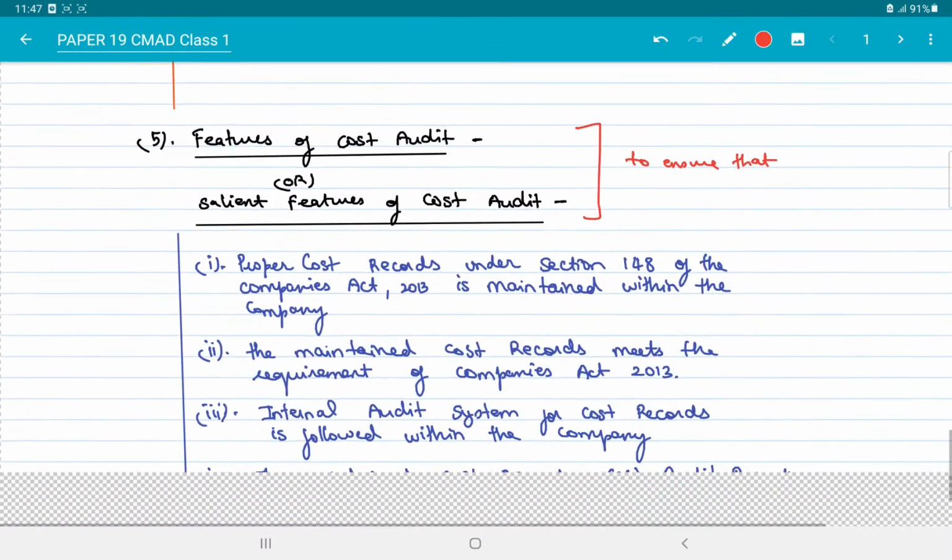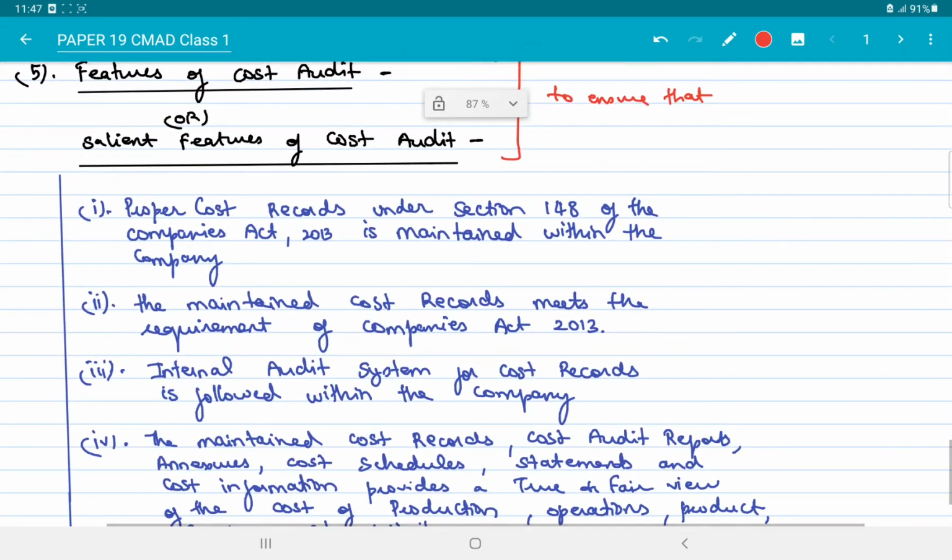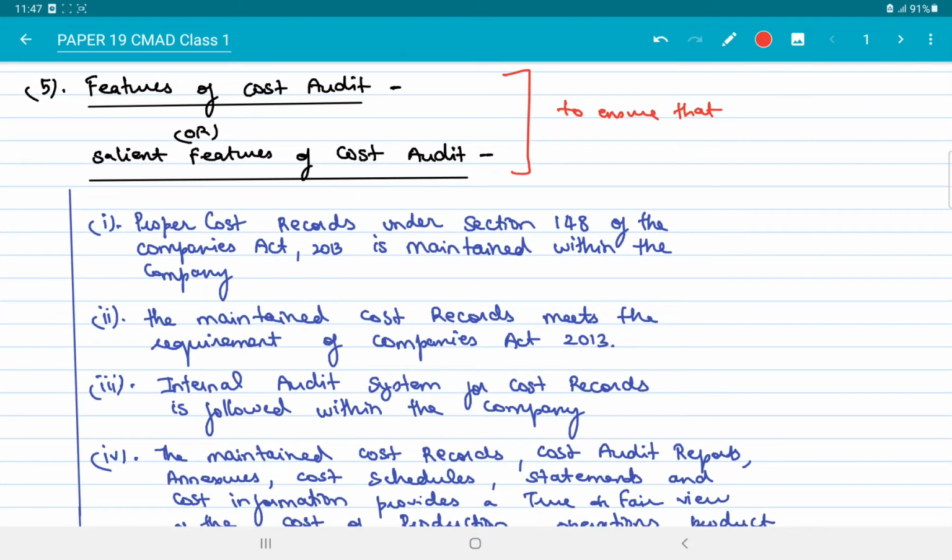Next, what are the salient features of cost audit? Features or salient features of cost audit, either way they will ask the question. Let's discuss this. What is the feature or salient feature of cost audit? There will be five points, and all five points start with "to ensure that".